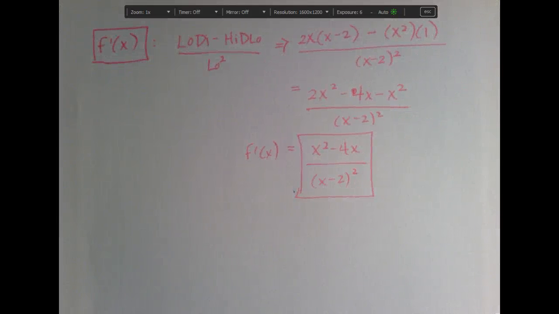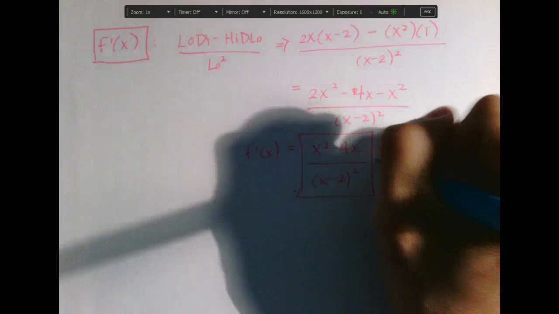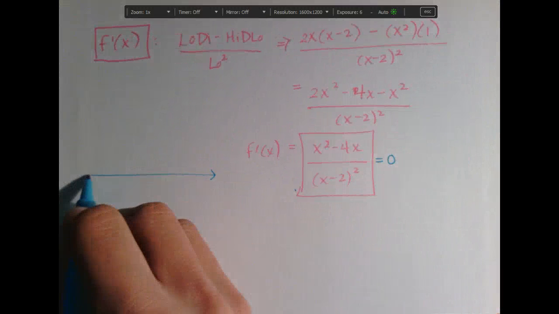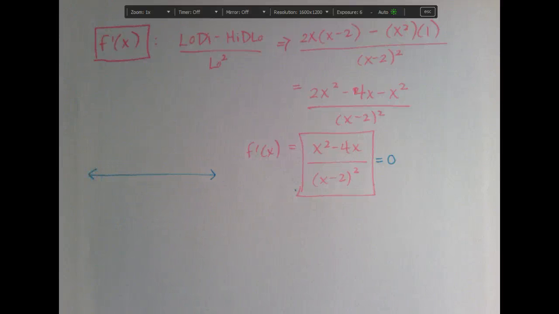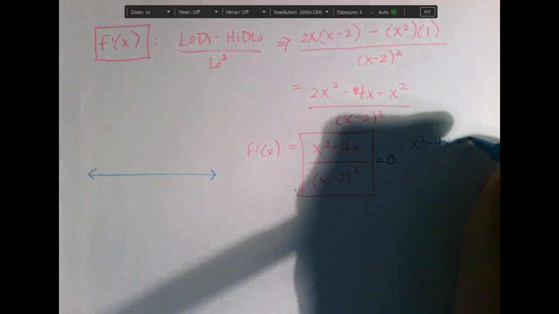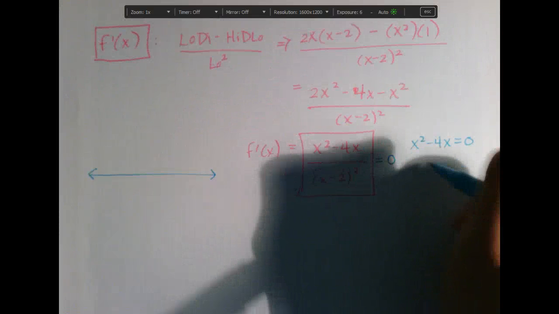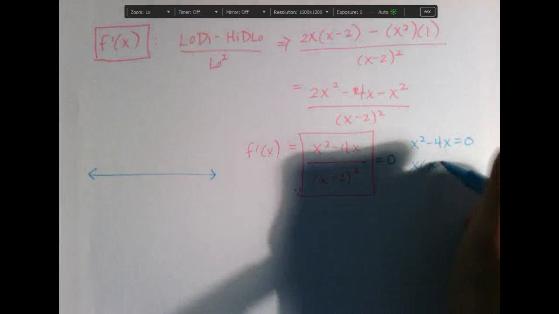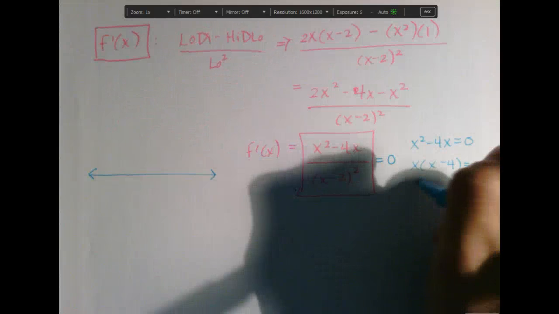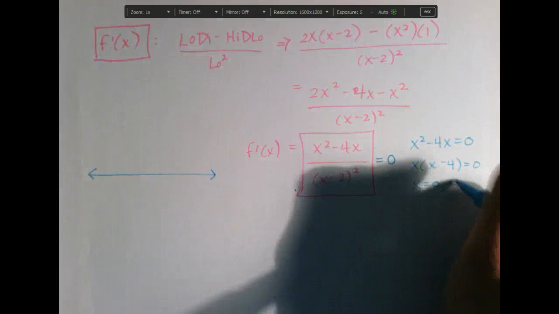So let's set that first derivative equal to 0 in order to find our critical values. I do need to set both the denominator and the numerator equal to 0, so I'll do that one at a time. Setting my numerator equal to 0, I've got two critical values at 0 and 4.